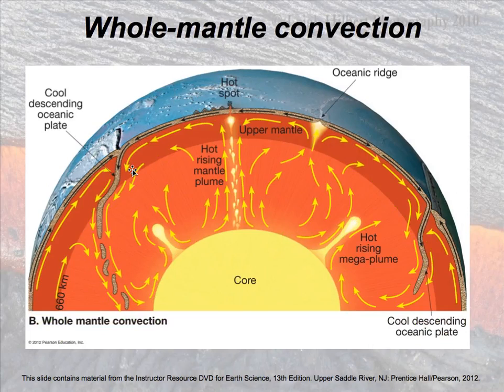Whole mantle convection is another model for the driving force of plate tectonics, and that shows that subduction actually occurs much deeper beyond the 660 kilometer boundary. There's some evidence that suggests that, and again, most of the evidence doesn't support this as much as the 660 kilometer boundary model, but you still have hot spots.